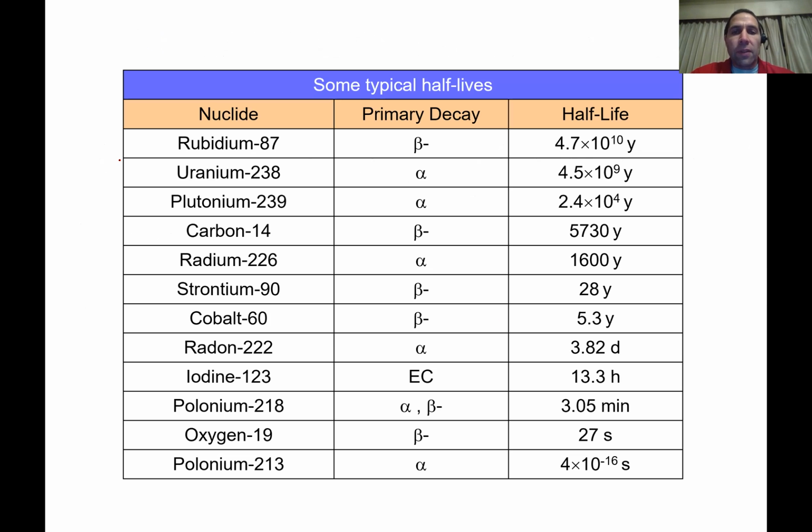Here are some typical half-lives, and they're arranged, at least in this sample, from longest half-life to shortest half-life. And you can see here, for some of the things we've been talking about, uranium-238, plutonium-239, wow, these half-lives are incredibly long in terms of the number of years.